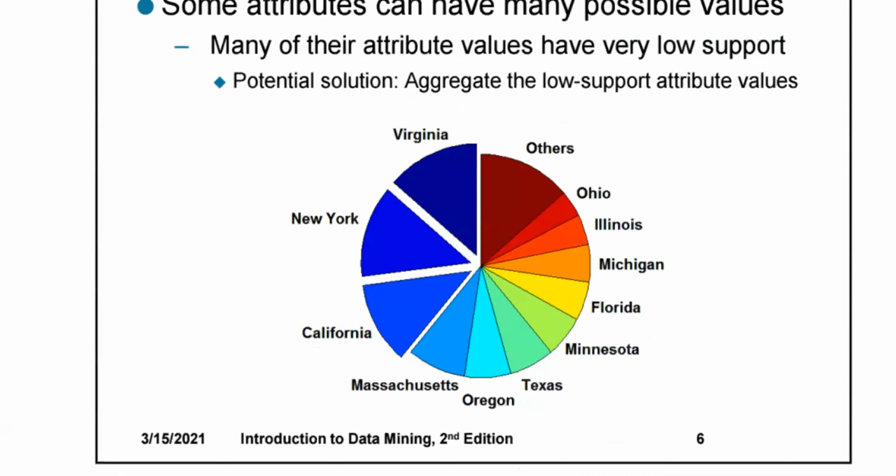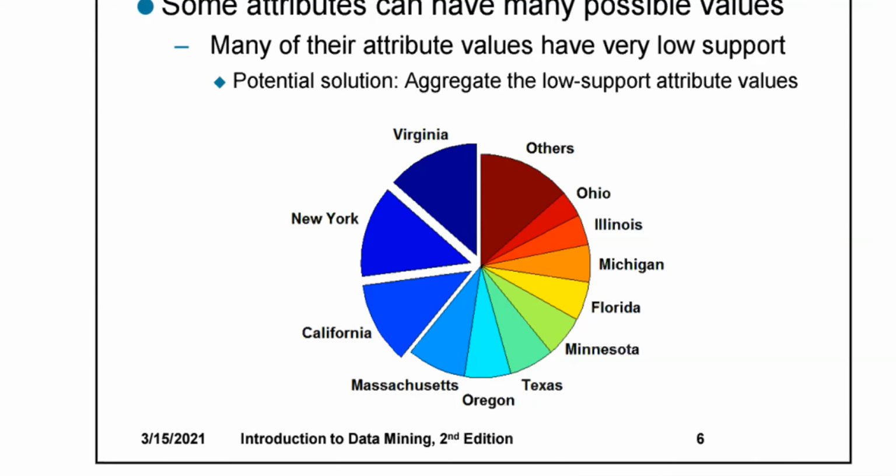The states are Ohio, Illinois, Michigan, Florida, Minnesota, Texas, Oregon, Massachusetts, California, New York, Virginia. This is the problem while replacing them with the corresponding geographical region.